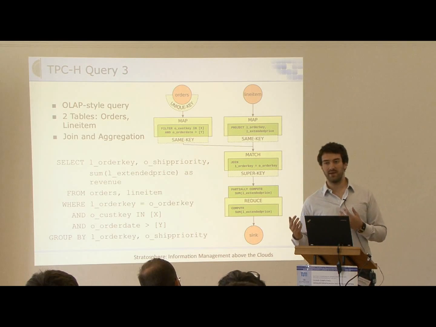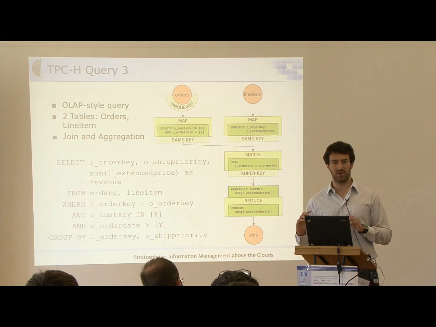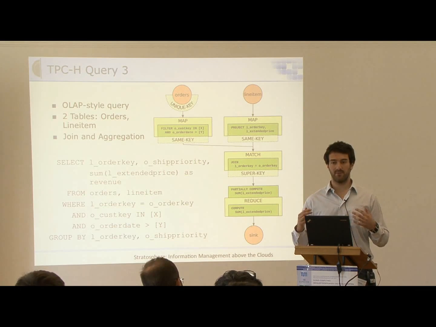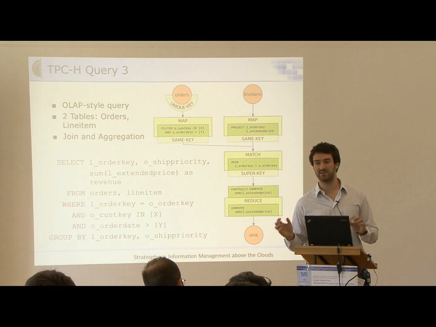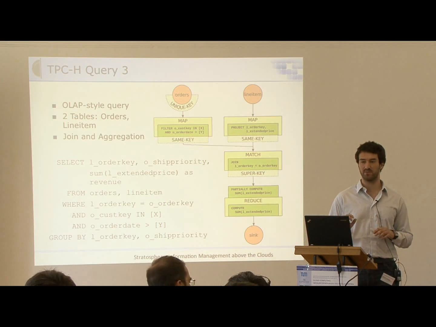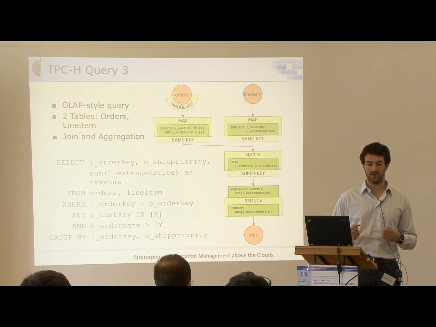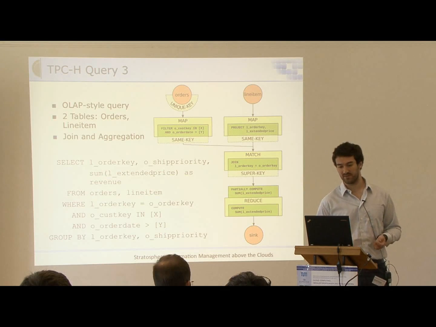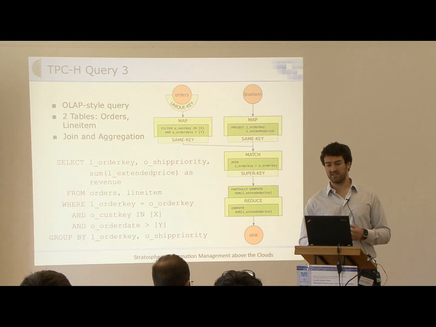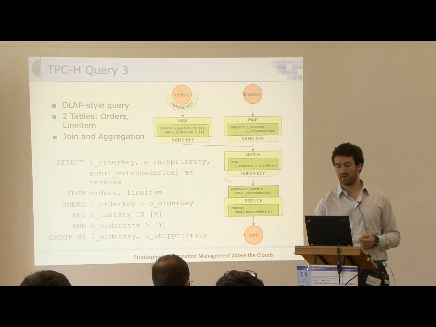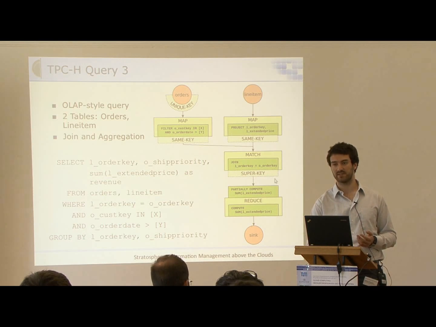And within our match contract, we have as a user-defined function only to concatenate the two tuples which we get. So this is much less overhead than we had to do for MapReduce or Hadoop.